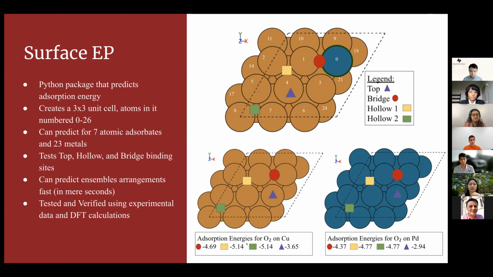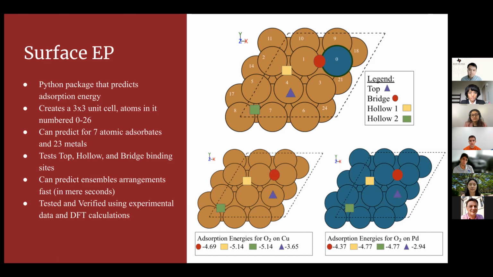You'll notice it's -5.4 for both the yellow and green square. And that's because while this is tested and verified using experimental data and density functional theory calculations, it's still a predictive modeling system. So it's not always going to be perfect, but for our purposes, that was okay. It's still doing what we need it to do.